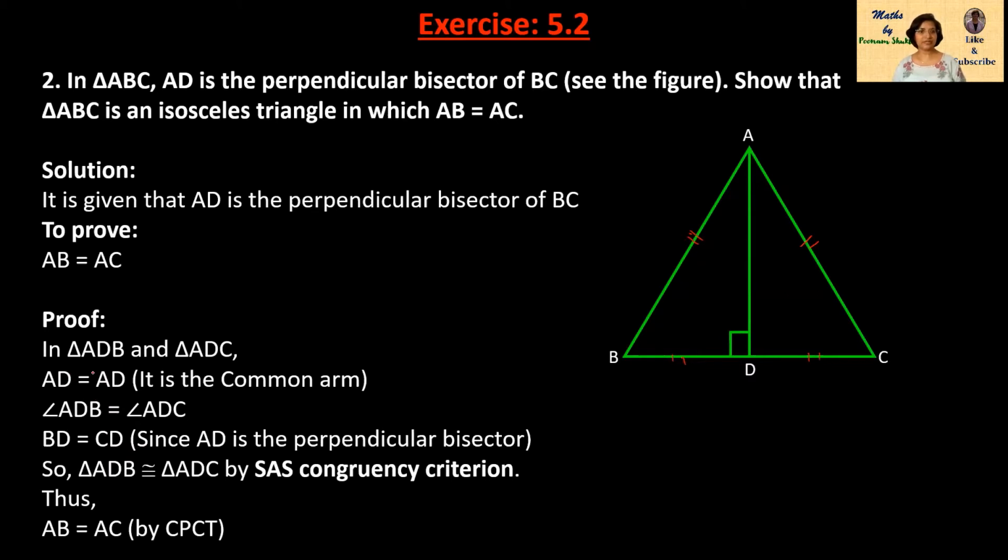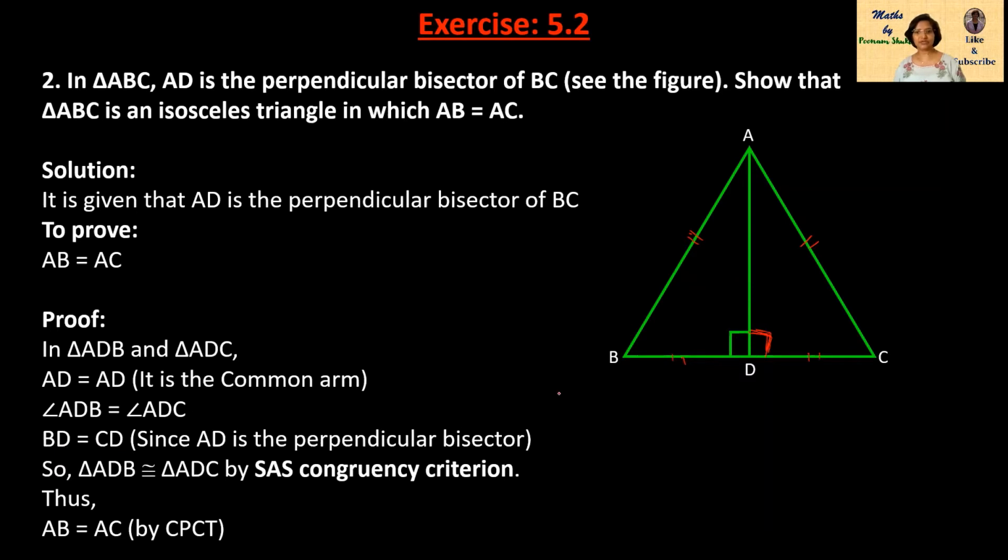So in triangles ADB and ADC, AD equals AD, which is a common side for both the triangles, and angle ADB equals angle ADC because this is 90, so this also will be 90, right?